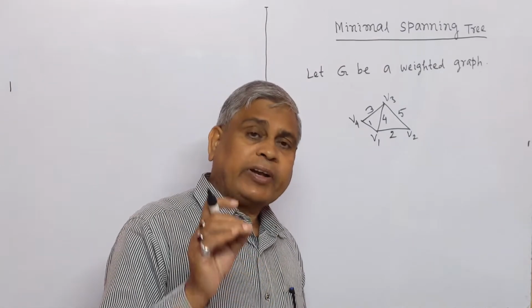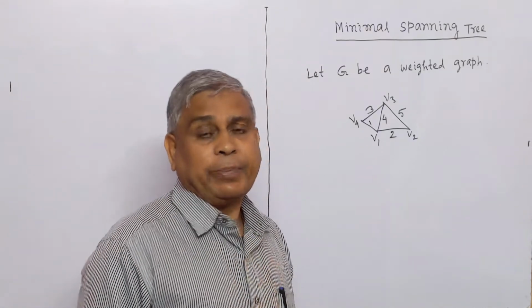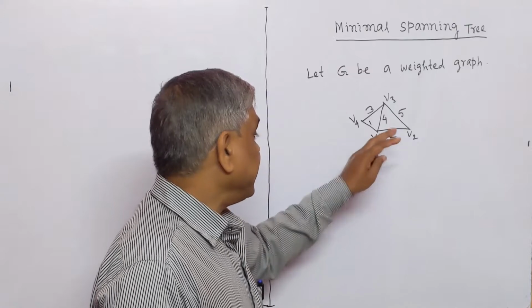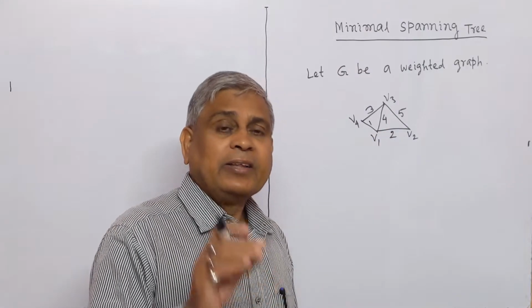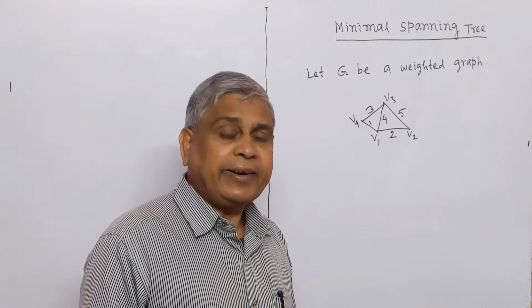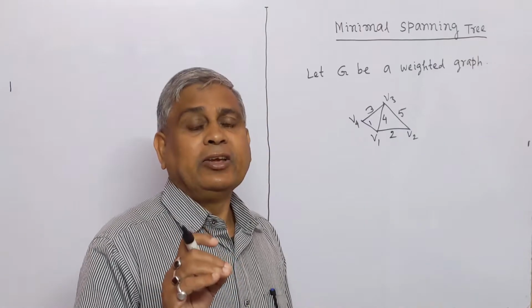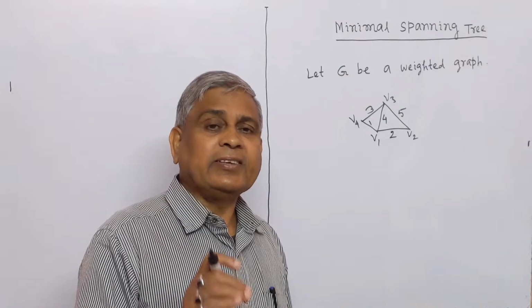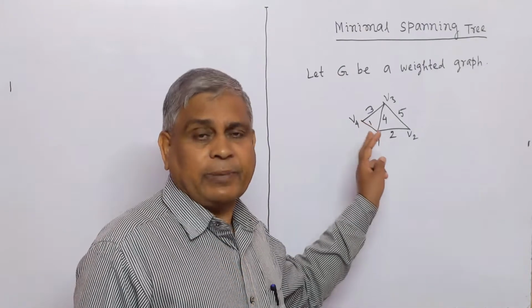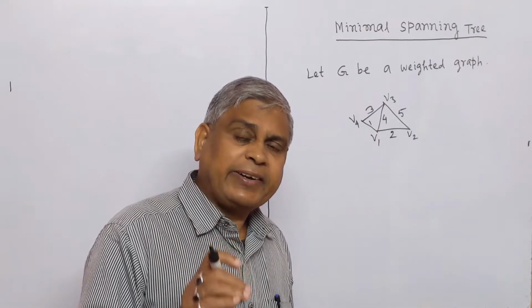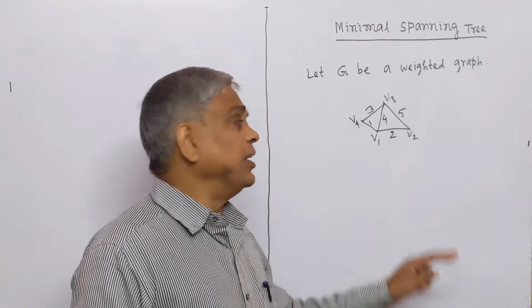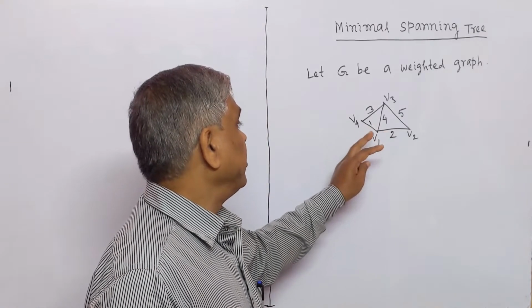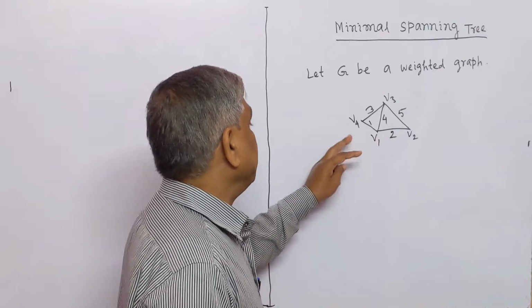We know that weighted graph is a graph. If this is a connected graph, then we may get a spanning tree from this graph. Spanning tree is the skeleton of the graph. We may get different spanning trees of this graph G.